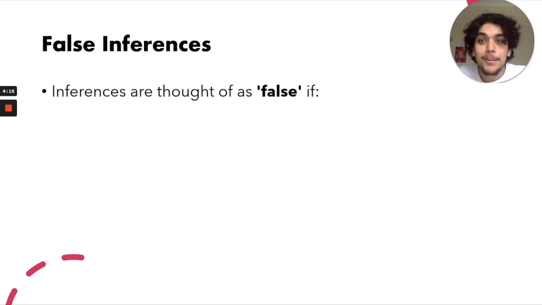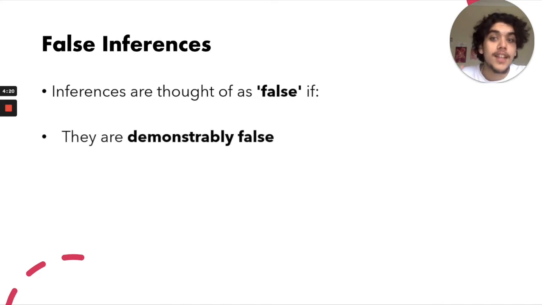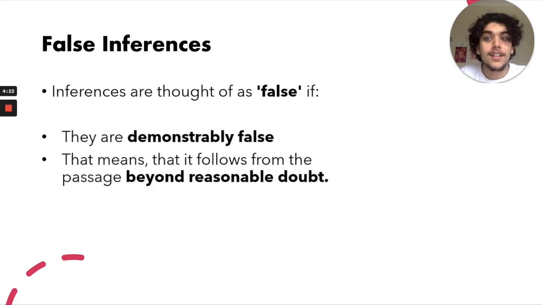And the same goes for false inferences. Inferences are thought of as false if they are demonstrably false. So that means that they follow from the passage beyond reasonable doubt. You can conclude from the information given in the passage that such an inference is false if it is conclusively, definitively false.